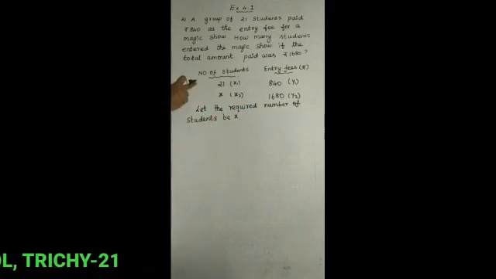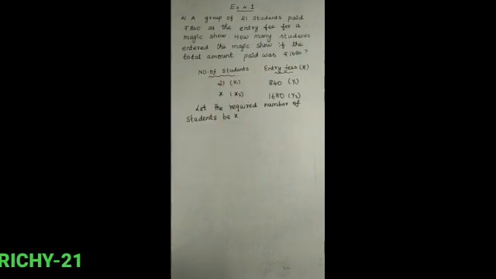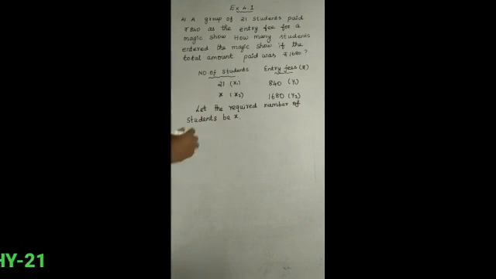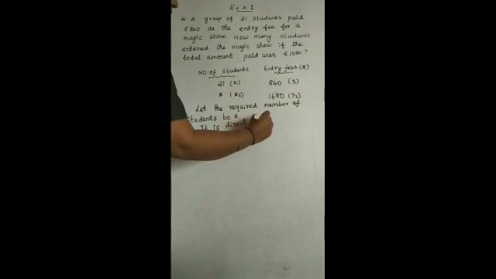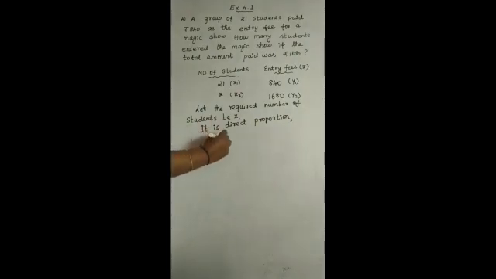Here the number of students increases, the entry fees also increases. So it is direct proportion. So we write x1 divided by y1 is equal to x2 divided by y2.